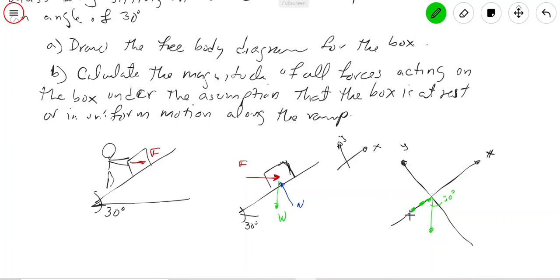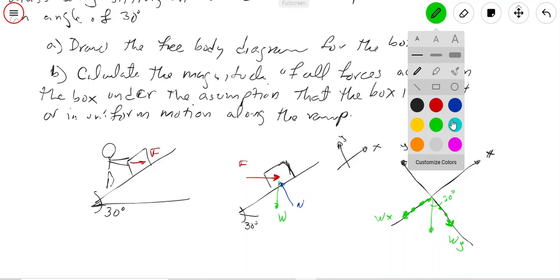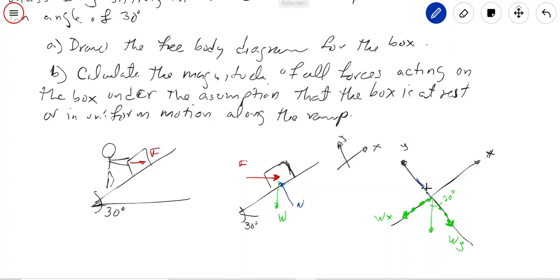We're going to call Wx, and it's going to have a y component. I'm going to call Wy. We have the normal force that is contained by the y-axis. It's over here.